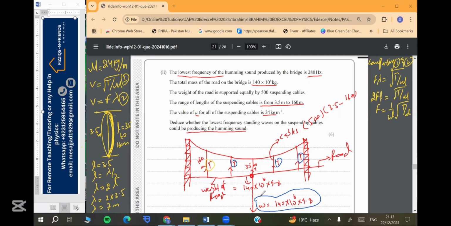So 500 times the tension should equal the weight acting downward. So tension will be equal to the weight, 140 into 10 raised to the power 6 into 9.8, which is mass times 9.8, divided by 500.